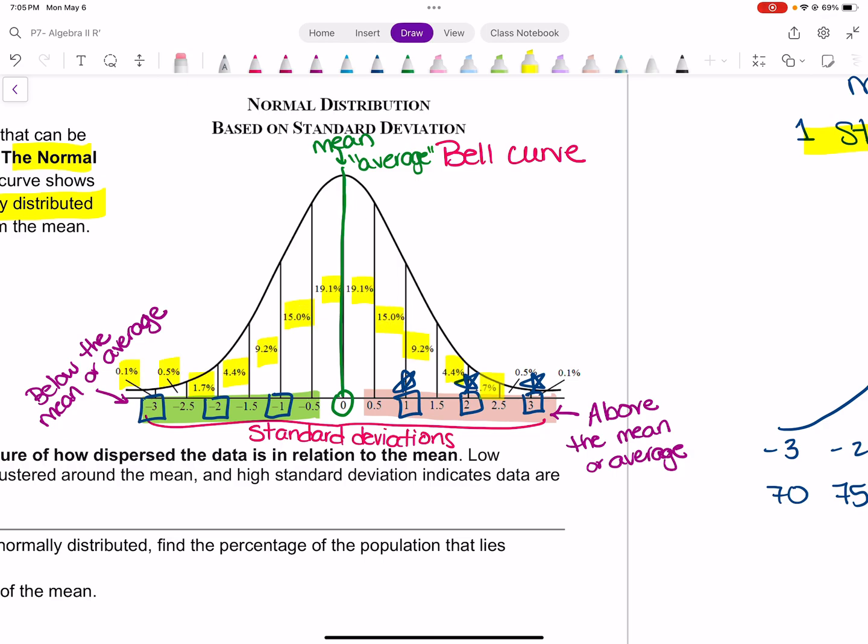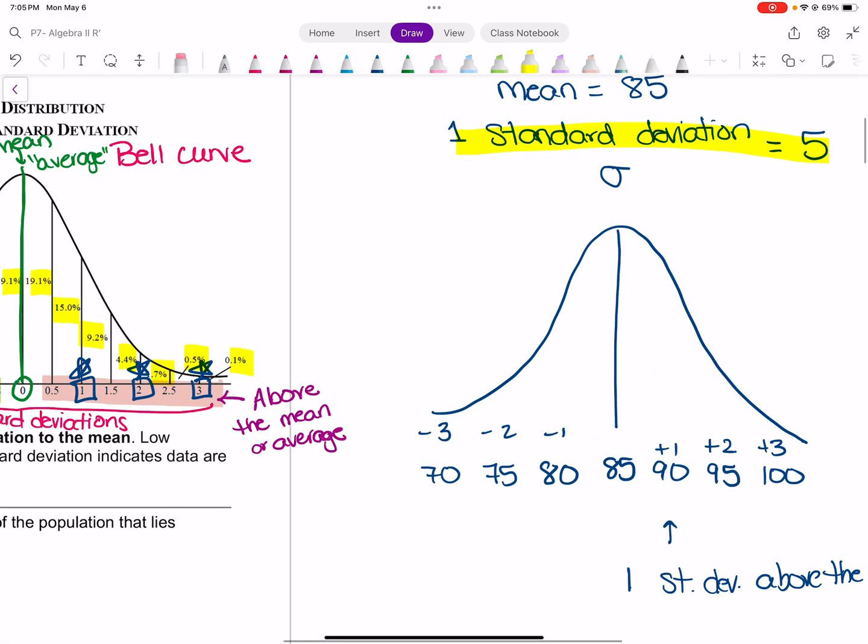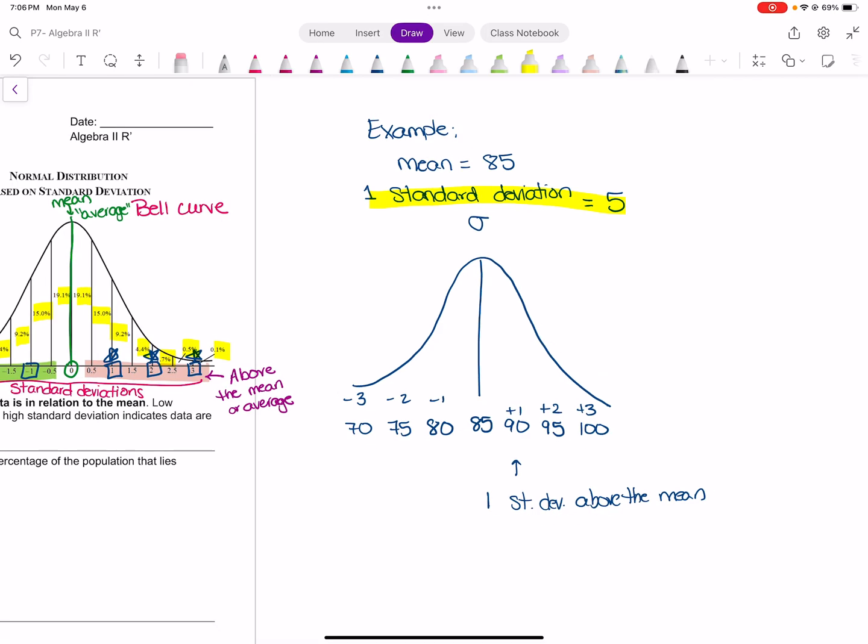These percents add up to 100. It means that 100% of our data falls inside of this normal curve. So according to these numbers over here, all the scores on the test should fall, according to this data, between a 70 and a 100.